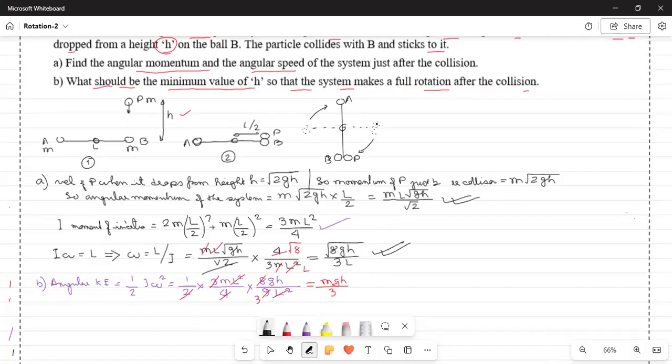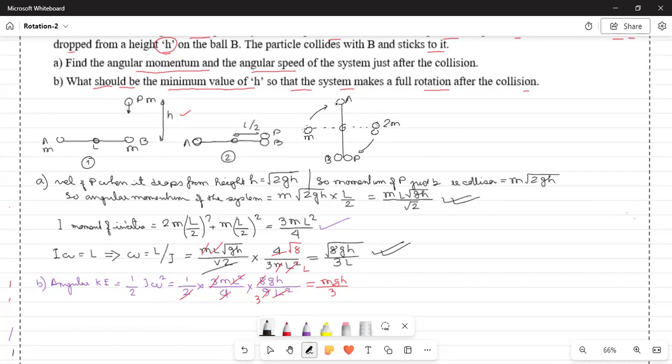Look at this. Here I have mass m. Here I have mass 2m. So, just due to potential energy, this will take a 90-degree rotation. This is very obvious if you look at the system.